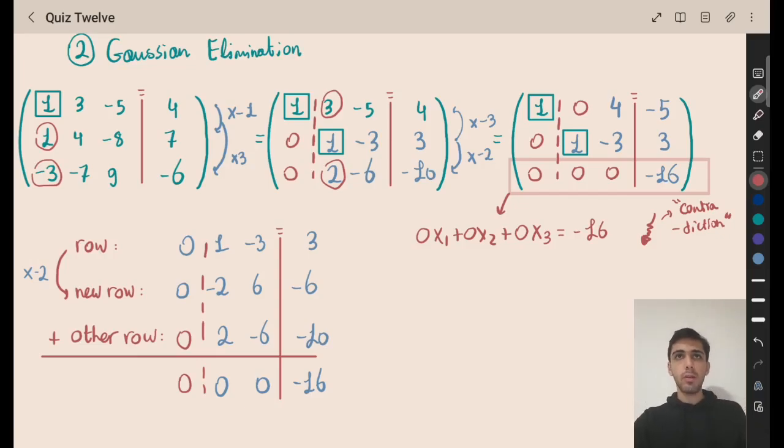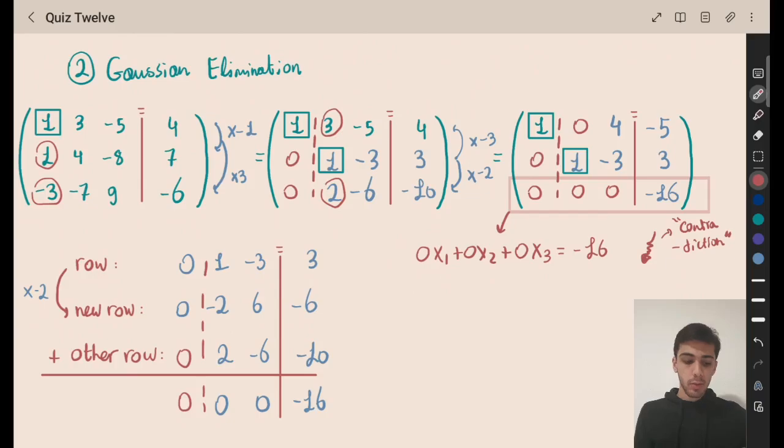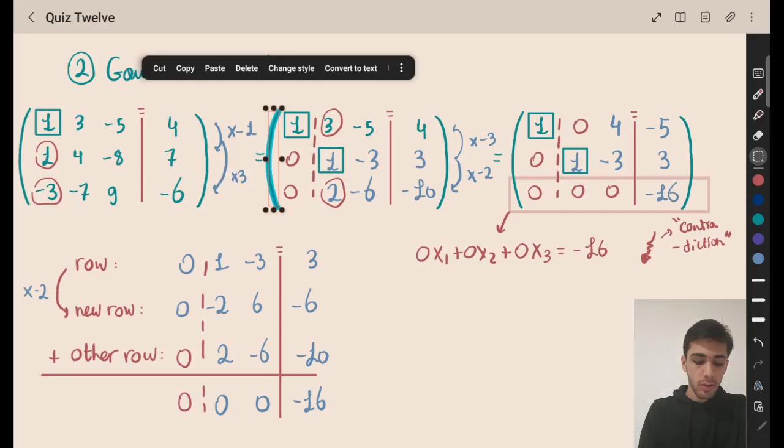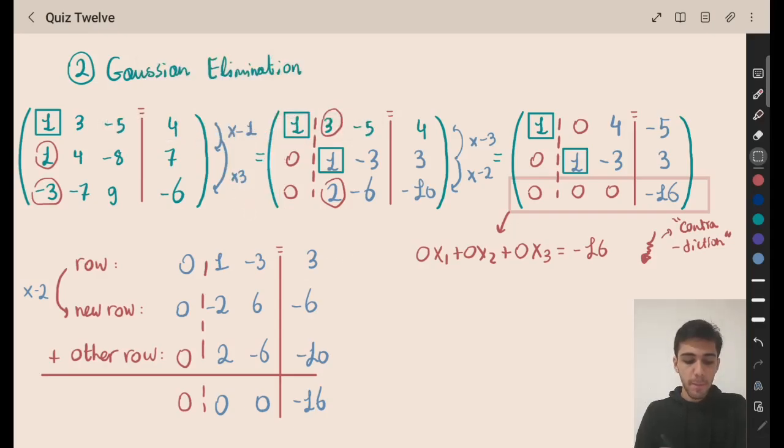What does this contradiction mean for our problem? Well, many things. I want to make sure that I haven't made a computational mistake. Please give me one moment. Yes, I was able to spot the mistake. And so the mistake happened in the very beginning, when I multiplied this 4 by 3.